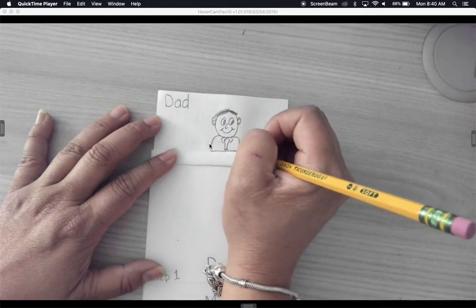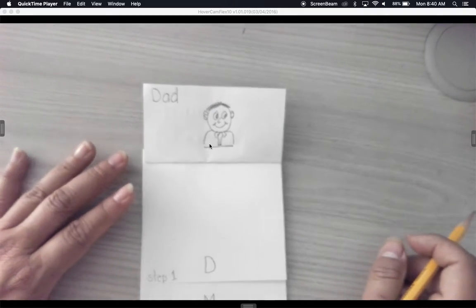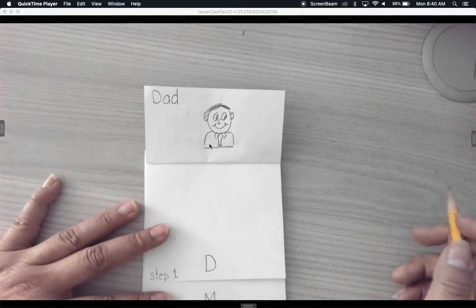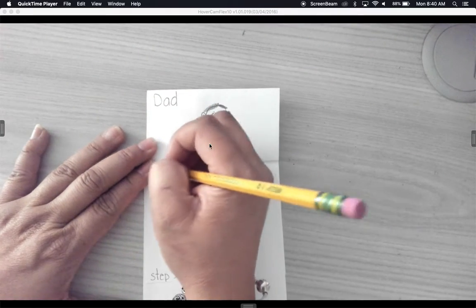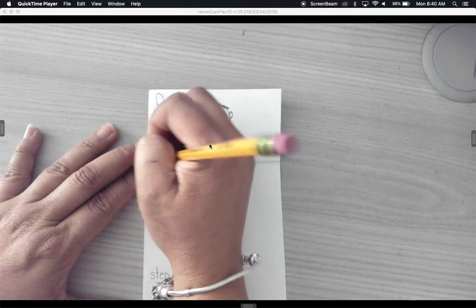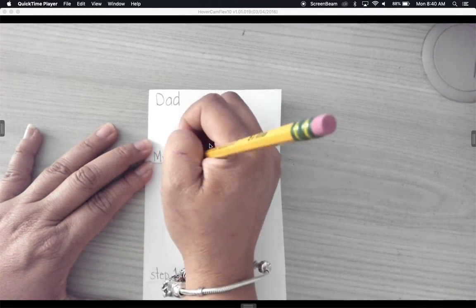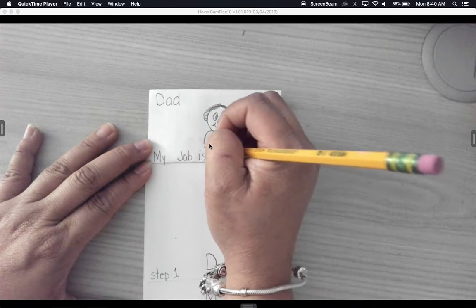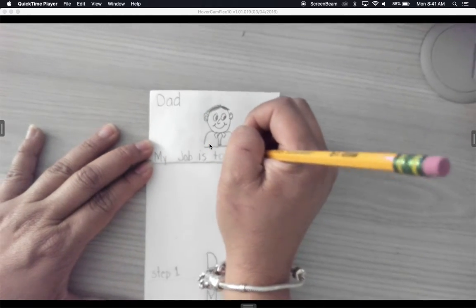All right. And Dad, his job is to divide, okay? So Dad's job is to divide.